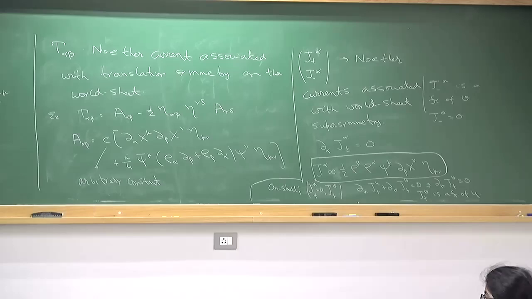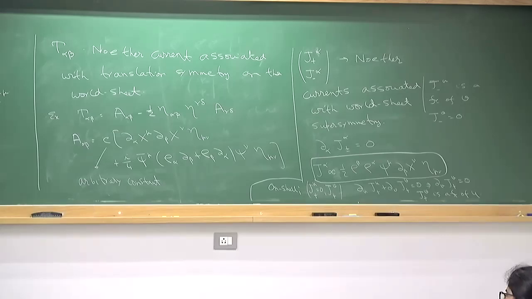There was this equivalence: T alpha beta equal to 0 is equivalent to the BRST. Similarly, here there will be some equivalence. The constraints, T alpha beta equal to 0 and G alpha plus minus equal to 0, will be equivalent to the corresponding BRST cohomology. But you have to set up the BRST cohomology.